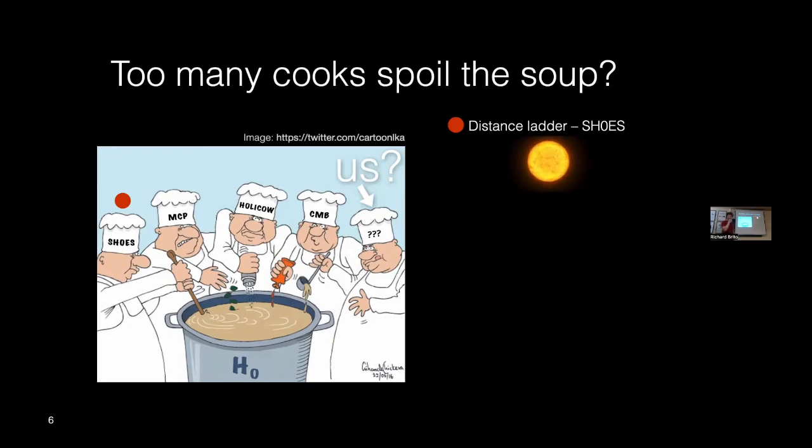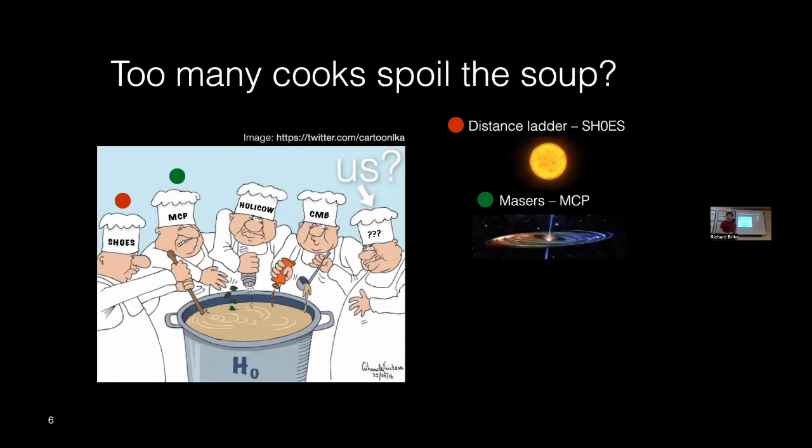Yeah, so here the main player is of course SHOES. That's a local measurement that's based on a distance ladder with a geometric calibration, parallaxes, then Cepheids, and then type 1a supernovae. Then also a local measurement are megamasers. That's independent.